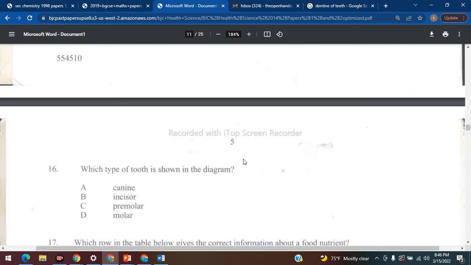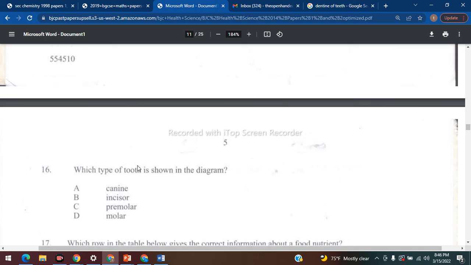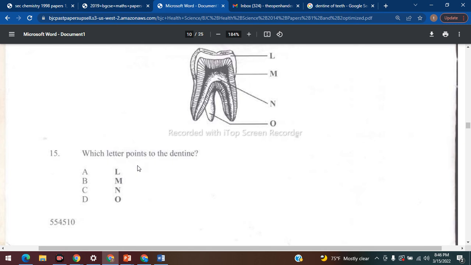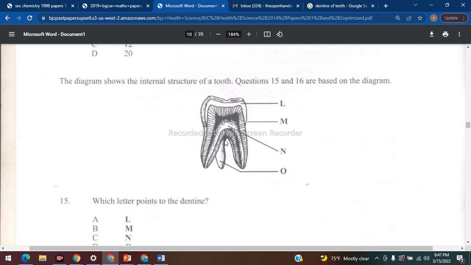Number 16. What type of tooth is shown in the diagram? The premolar. Molar. Why? Molar, because it has three of those projections, right? I call them crowns.